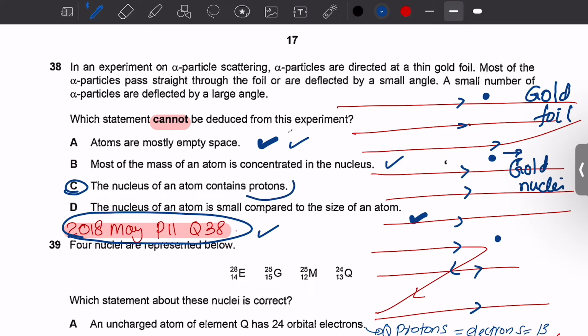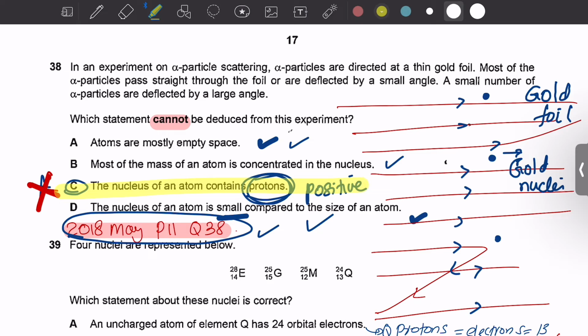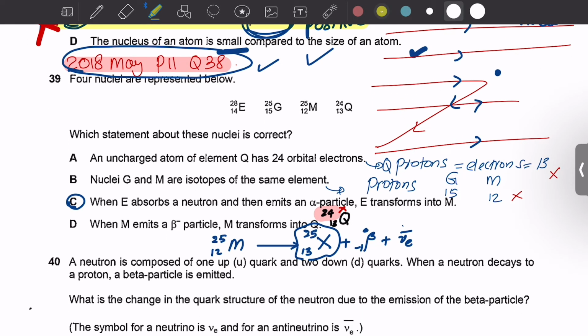Yes, but we don't know about protons. We can say the nucleus is positive. That's the only conclusion, so this is incomplete. We can say the nucleus has to be positive. The nucleus of an atom is small. Small means size wise. That's also derivable from this experiment.